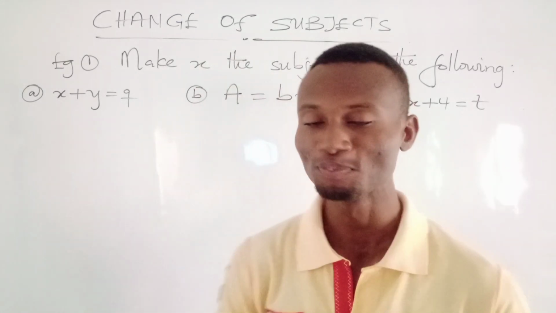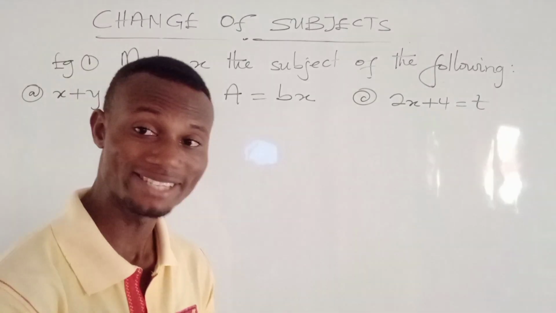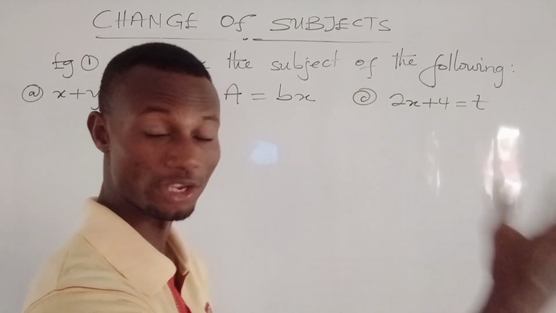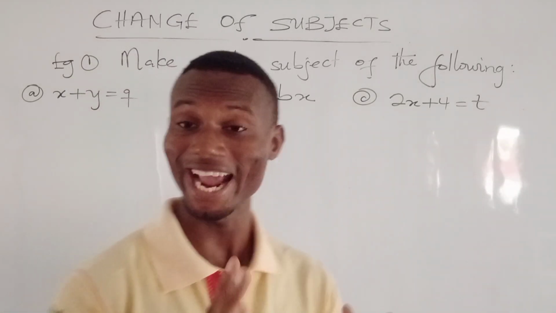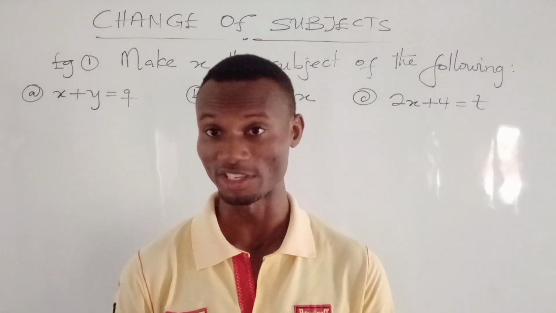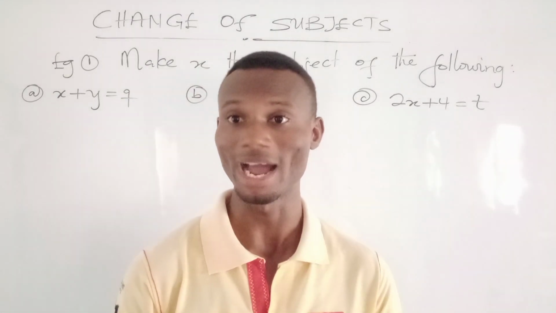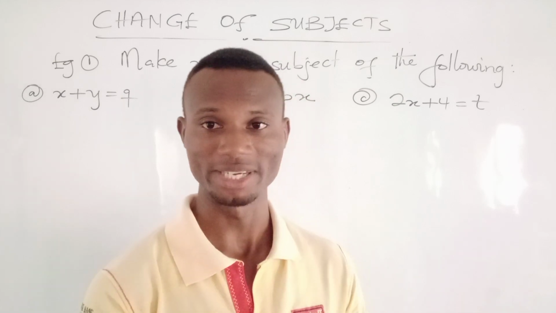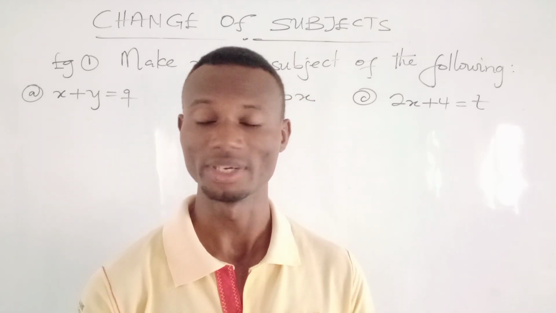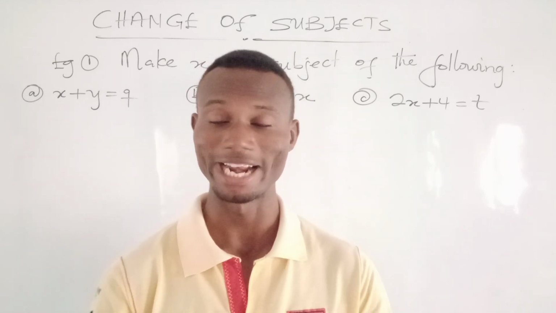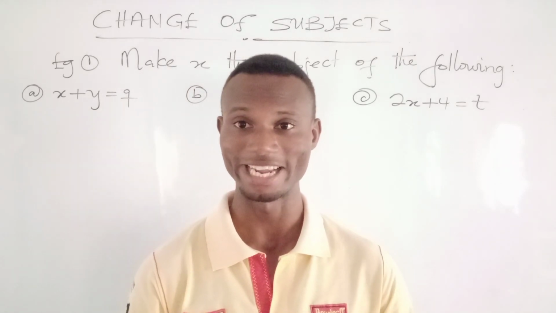In this example, we are being asked to make S the subject in each of the equations, which means S is going to stand alone in each of them. I hope the explanation is clear enough up to this point.